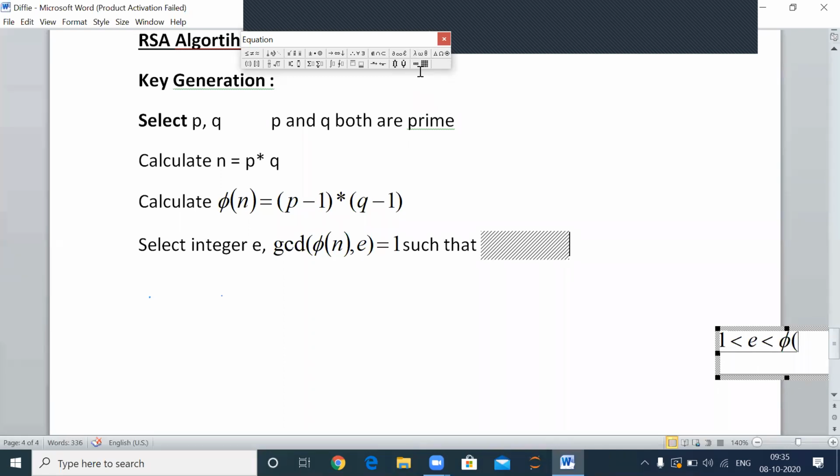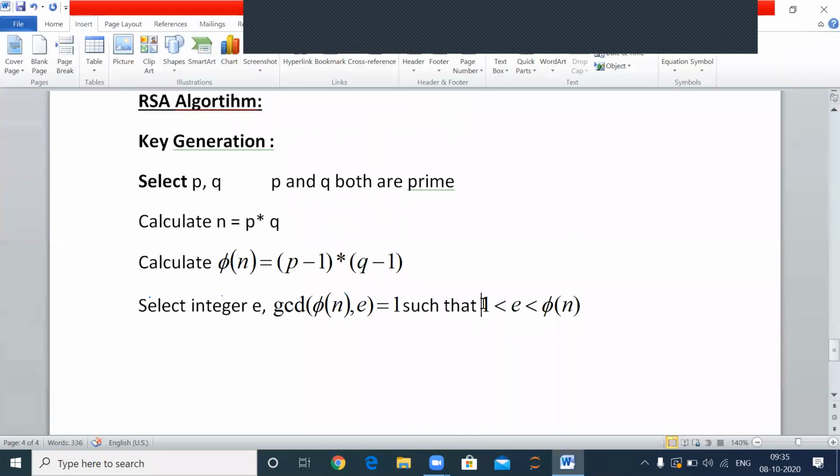The e value can be chosen in between 1 and the calculated phi of n value, and the GCD, greatest common divisor, of the chosen integer and phi of n is 1. That is the way we choose the integer.